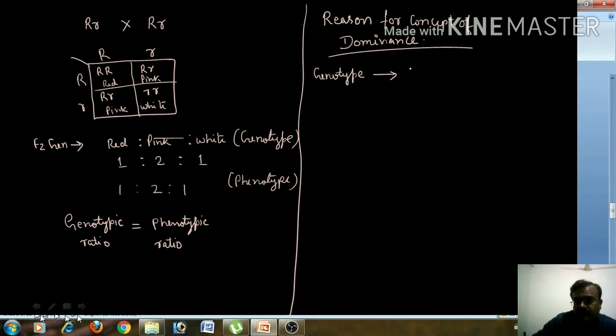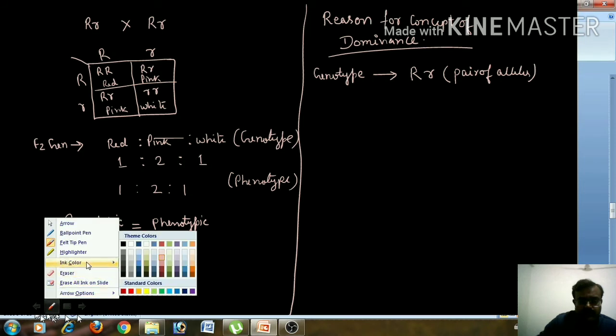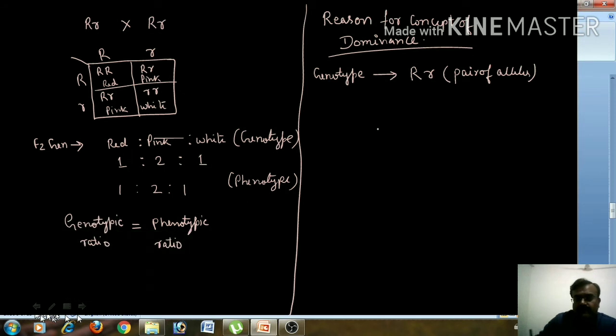Suppose this is one allele and this is another allele. So a pair of alleles is represented by allele number 1 and allele number 2.